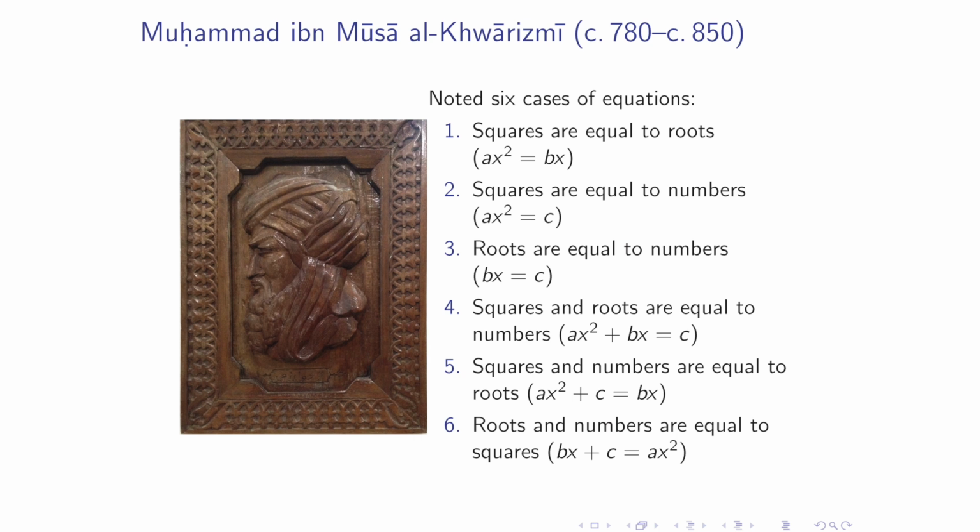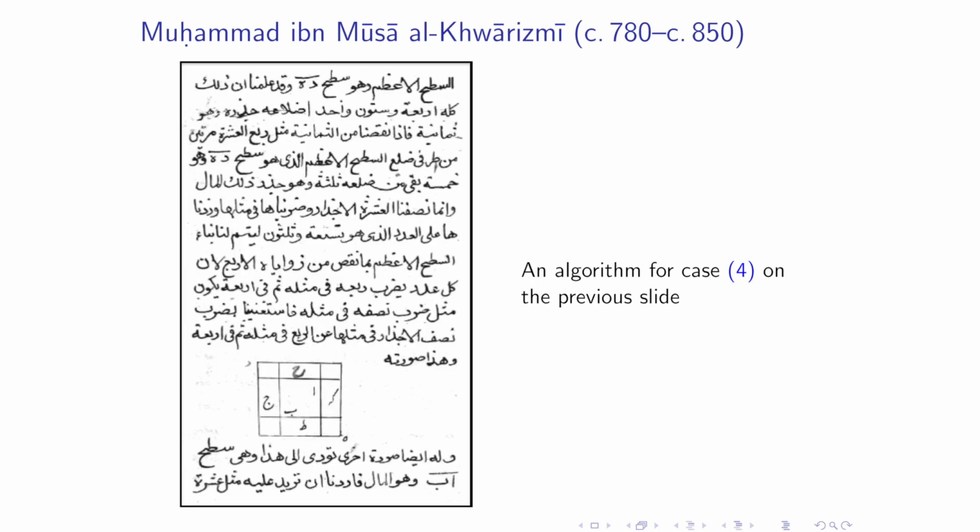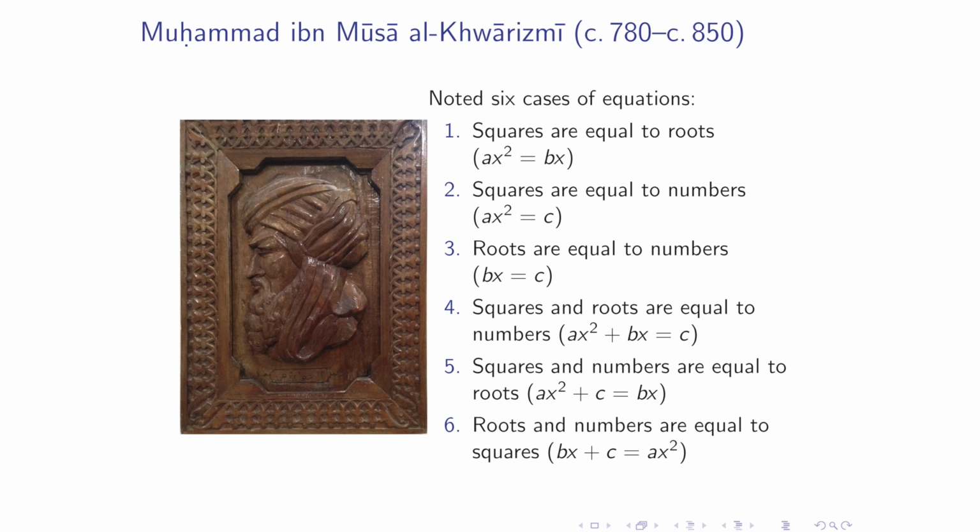And for each of these, he gives a recipe for producing the solution to the problem. And he's working mostly arithmetically, but as you can see here, this is just one page from a version of the text. So this deals with case 4 from here. So square plus linear term equals constant.